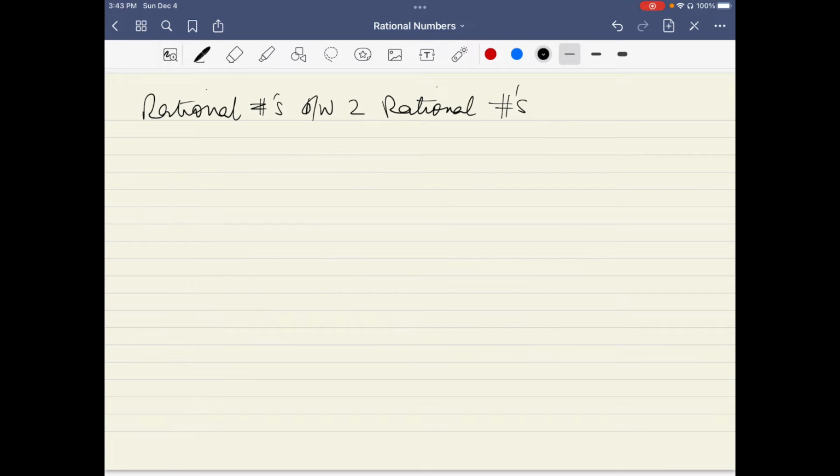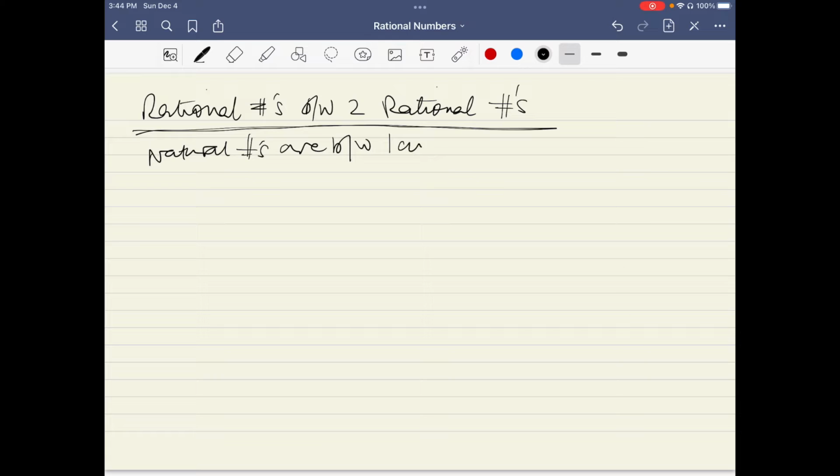Now let's talk about rational numbers between two rational numbers. Before we dive into that, can you tell how many natural numbers are between 1 and 4? It's 2 and 3.